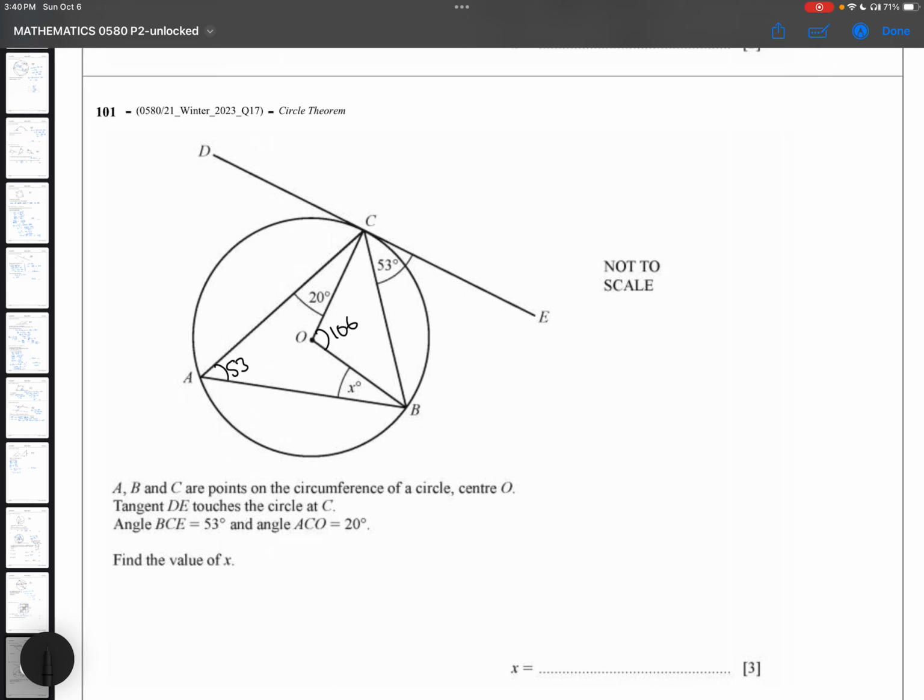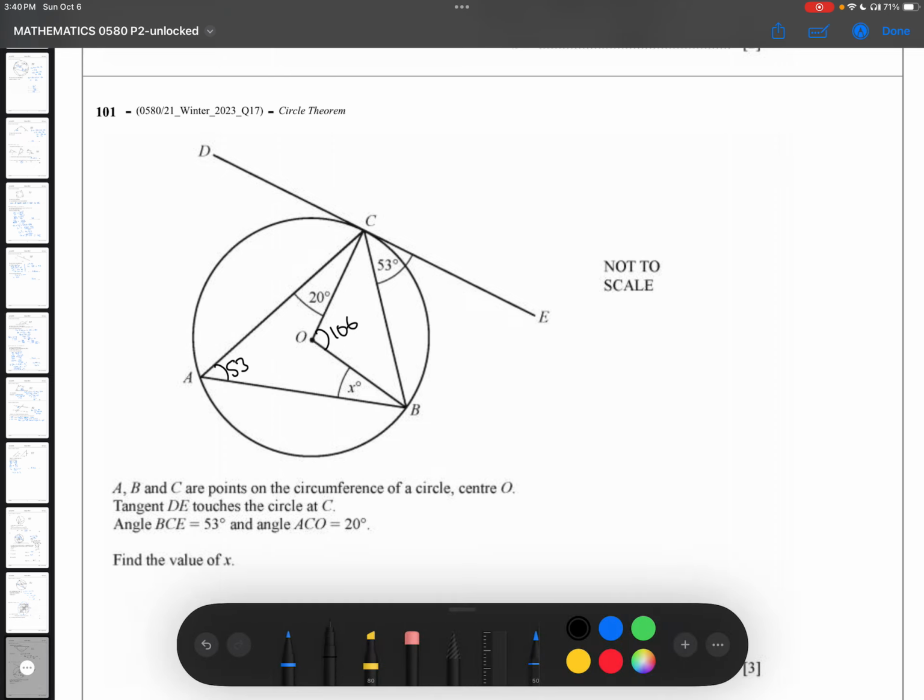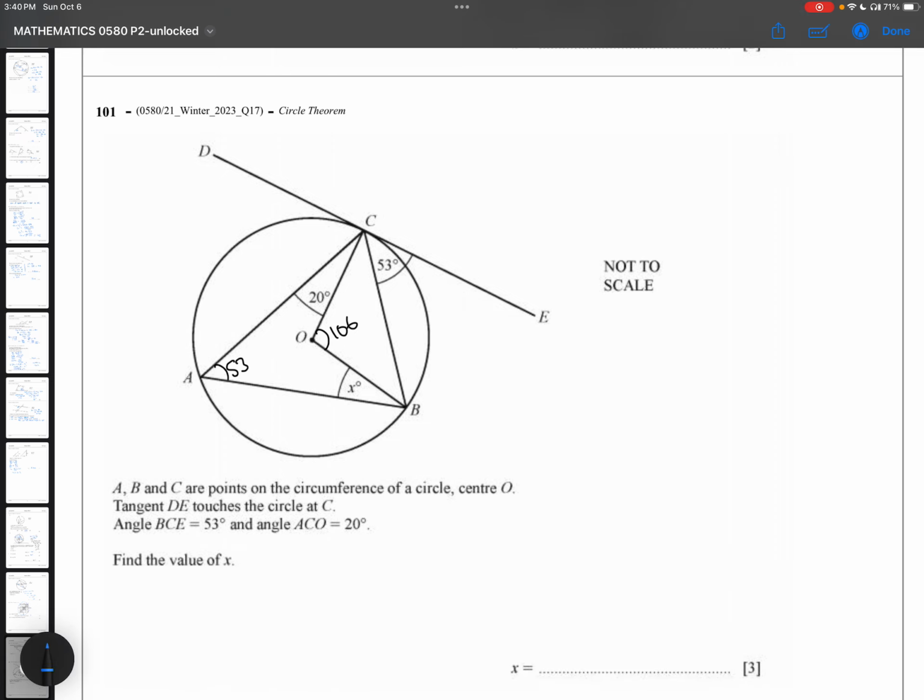Okay, so now I will draw some lines in this figure. Now in this triangle OAB, angle B is x. This angle A will also be equal to x. Why? Because OB is the radius of a circle and OA is also the radius of the circle. So these lengths are same and the angles opposite to the same side are equal.